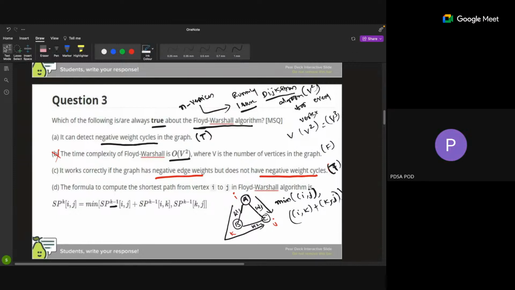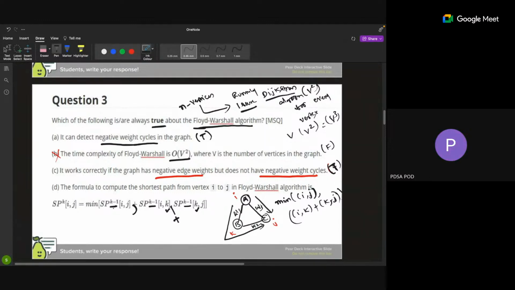Yes, sir. Now you check the formula. They are taking only the previous matrix, because to compute the current path, we use the previous values which are already there. But what they did is I to j direct, I to k via k, is right, but here the plus should be there, here the comma should be there. Is it right or wrong? Yes, that's right.